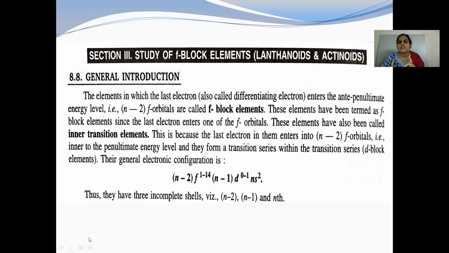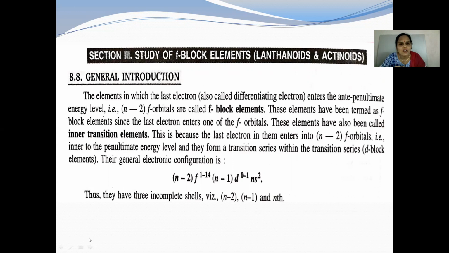This is because the last electron in them enters into (n-2) f orbitals, that is inner to the penultimate energy level, and they form a transition series within the transition series of d block elements.